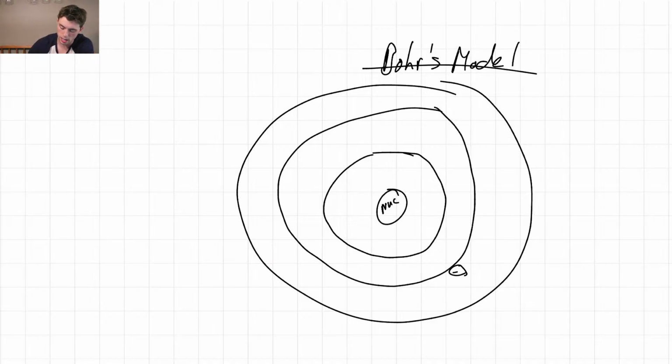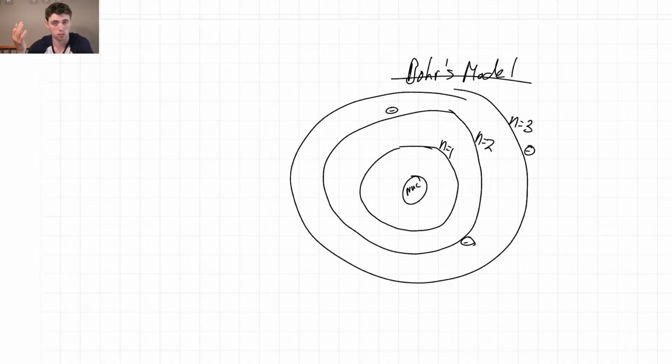You're going to find electrons probability-wise around these general areas. People often write Bohr's model like this, where n equals 1, 2, 3 are the shells or the orbits, and the electrons are just negatives swirling around. It's basically like planets revolving around the sun, except imagine we didn't actually know where Earth was. It was just probability-wise somewhere around the orbit.